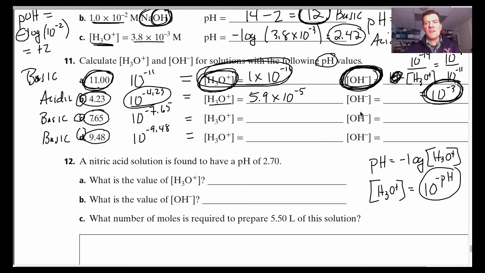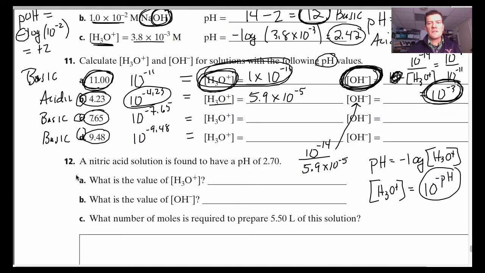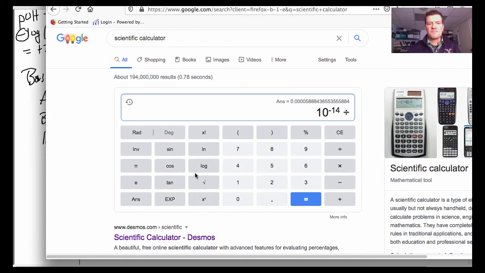Okay? And then to find the hydroxide, I'm going to write it down here. I'll do 10 to the negative 14 divided by 5.9 times 10 to the negative 5.